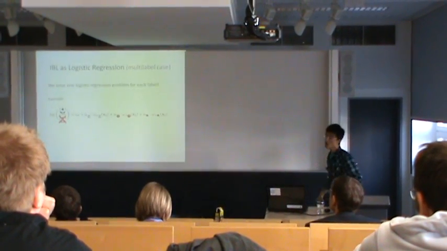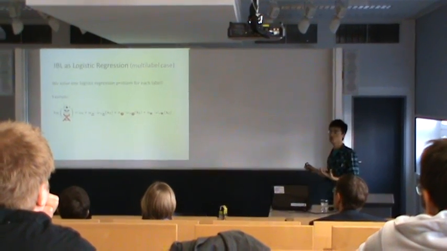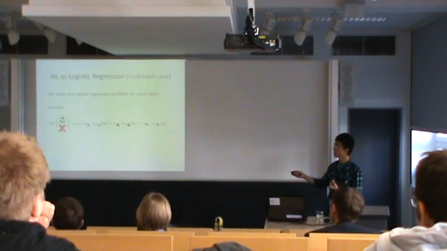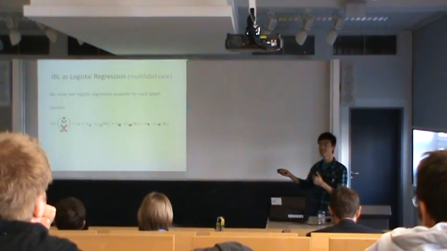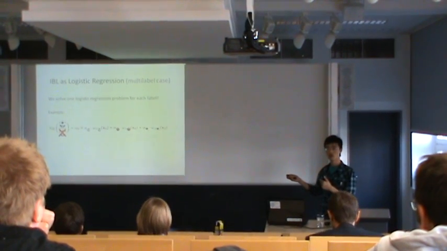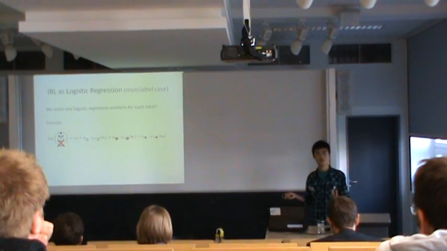So now, you only have to solve one logistic regression for each single label. For example, if you ask, does this guy like football? Then you just look at this equation, and you solve it using logistic regression.